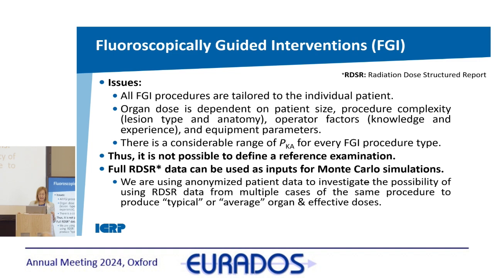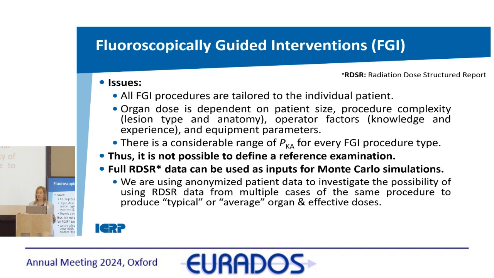So instead, we are using radiation dose structure reports of a large number of patients. We have defined 11 FGI procedures to address, and for every procedure we will have about 1,000 patient data. This data all comes from hospitals in the US.